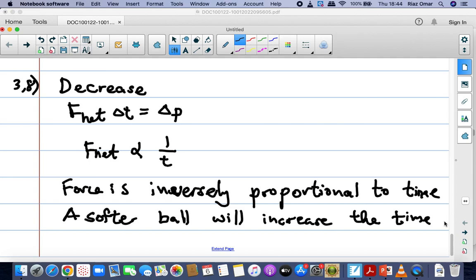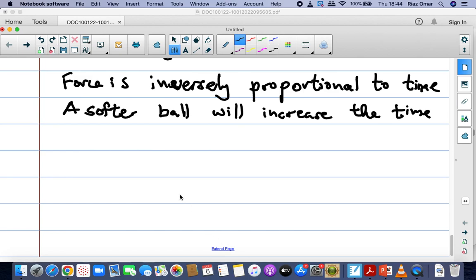So thus, if the time increases, the force will decrease. You can say something to that effect: a softer ball will increase the time, thus the force decreases.